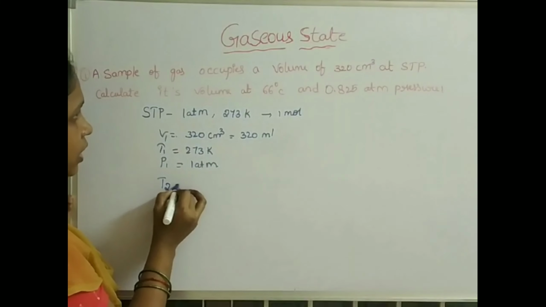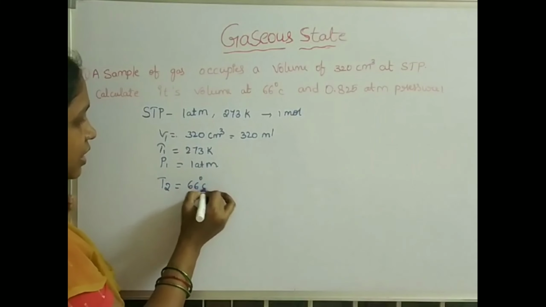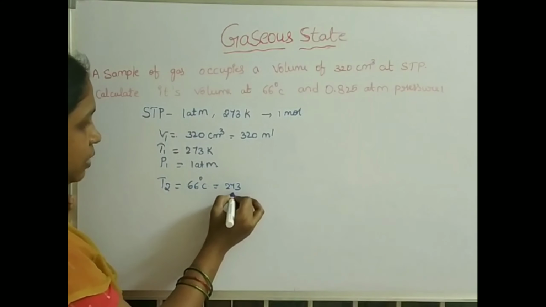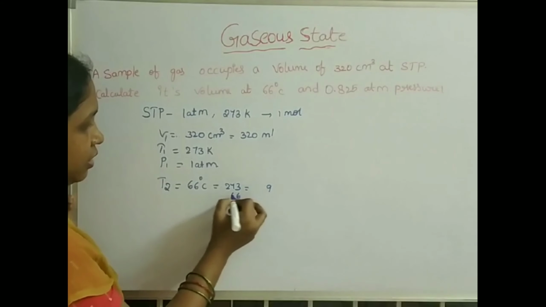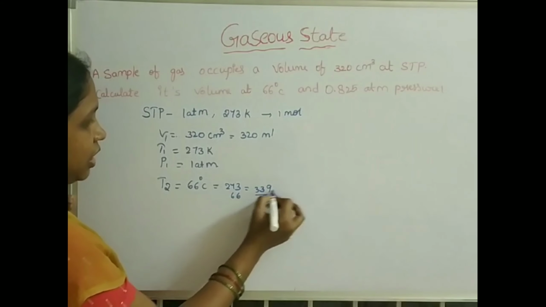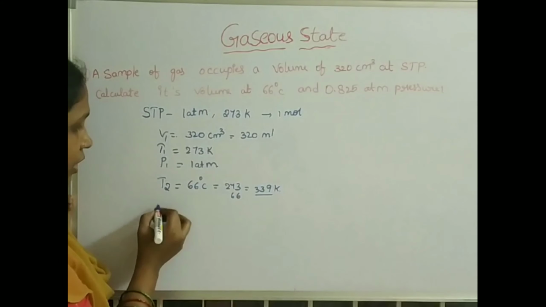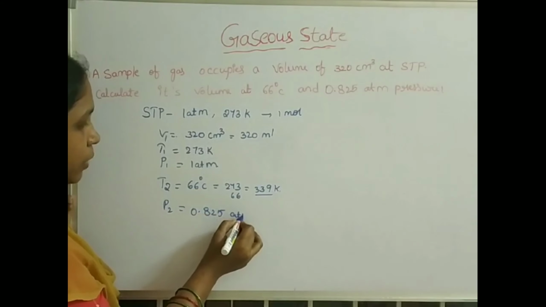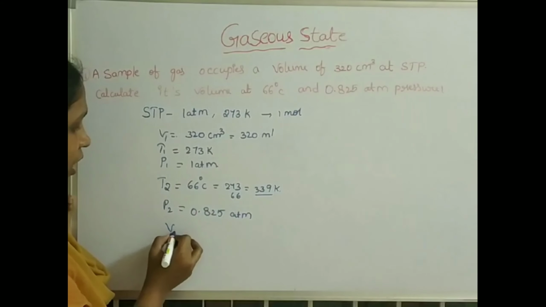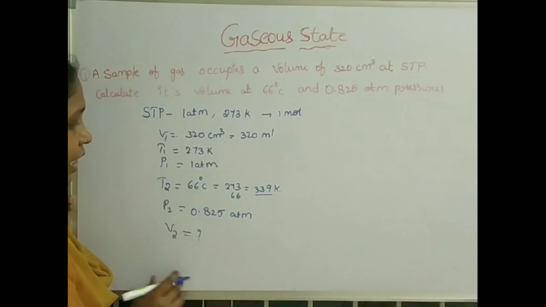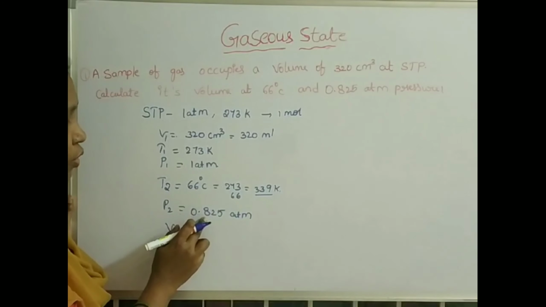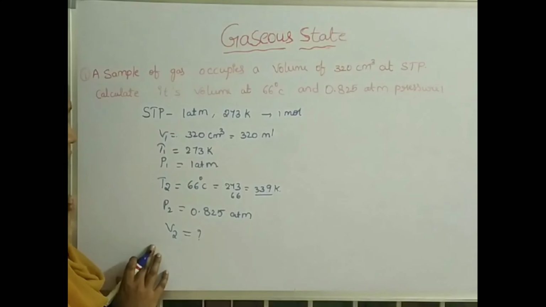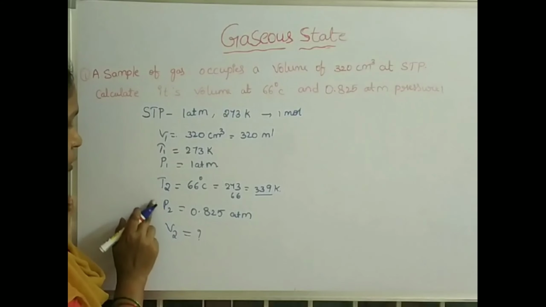So T2 is 66 degrees Celsius; convert it into the Kelvin scale: 273 plus 66, that is 339 Kelvin. And the pressure P2 is 0.825 atmosphere. What he asked is to find the volume at 66 degrees Celsius and 0.825 atmospheric pressure.